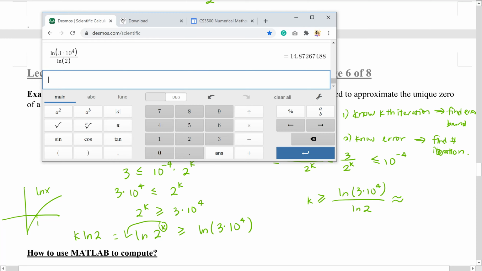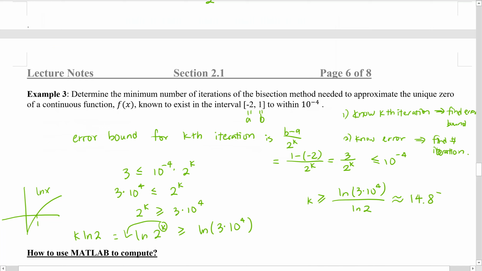Okay, enter. So the answer is approximately 14.87.